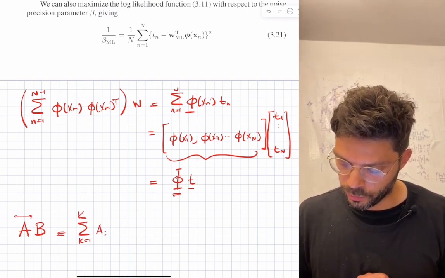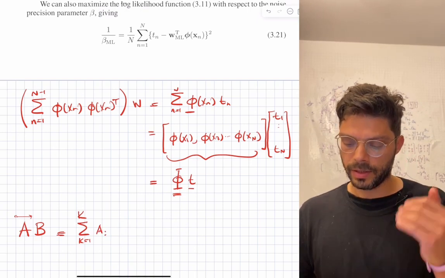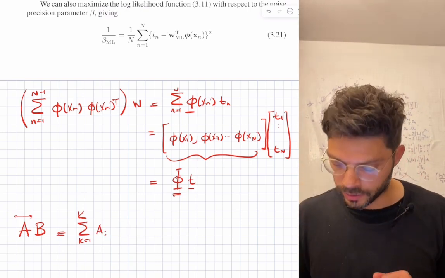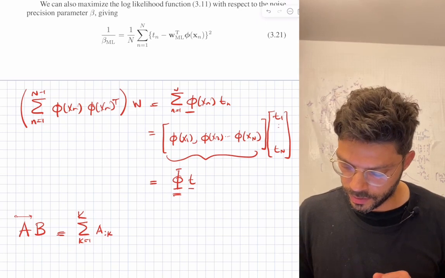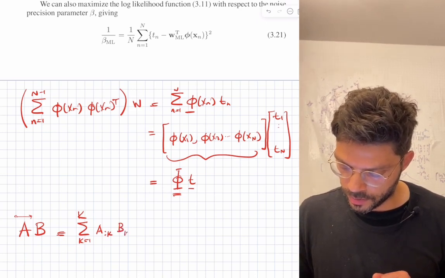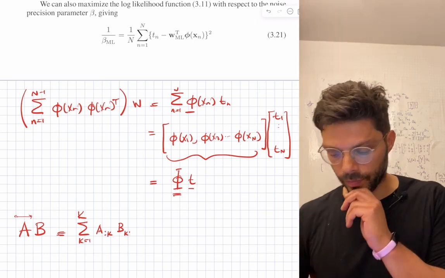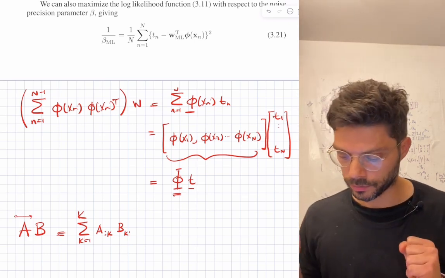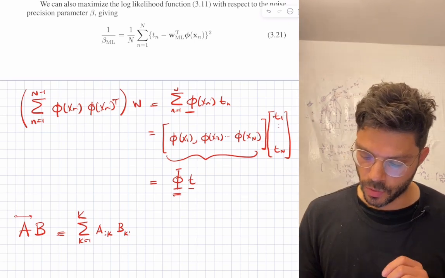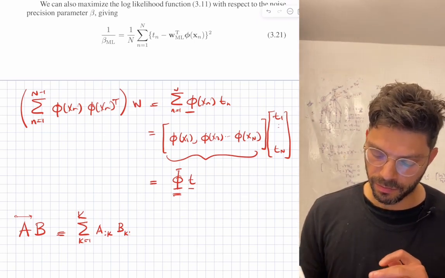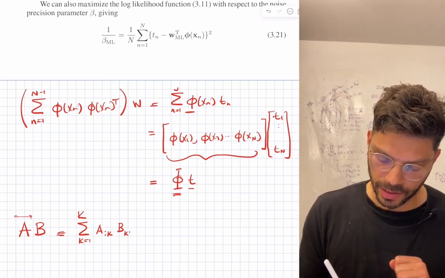It's equal to the sum of the outer product of the columns of A times the rows of B. That's a very useful thing to know. And so it looks like we actually have a very similar thing happening here, right?